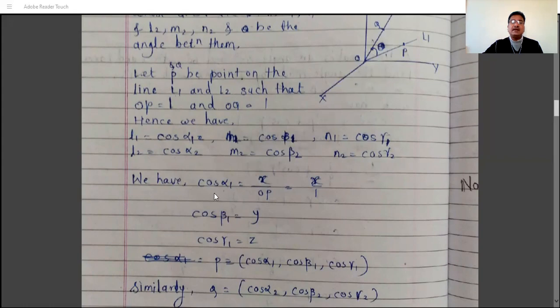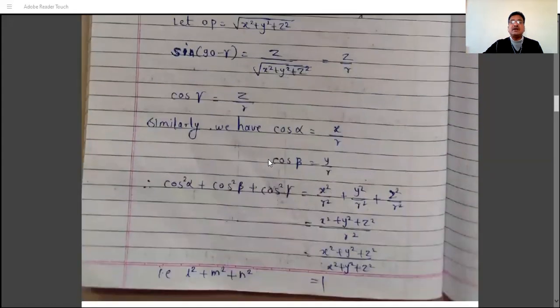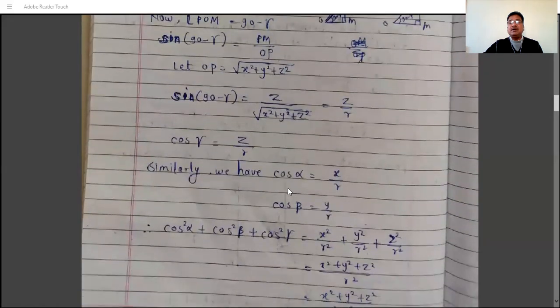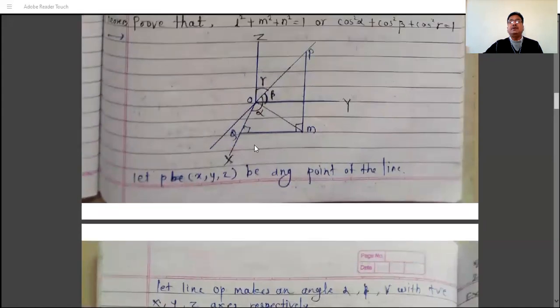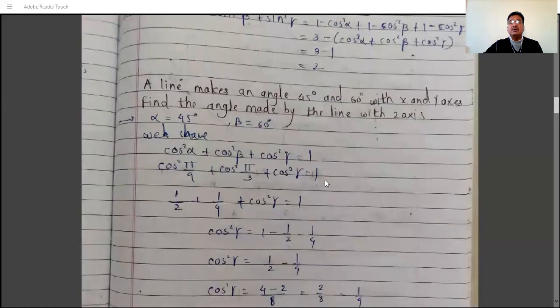Now we have cos alpha 1 equal to x by OP, from the previous proof. What is cos alpha? Cos alpha is x by r, where x is the coordinate of the point P and r is the distance OP.